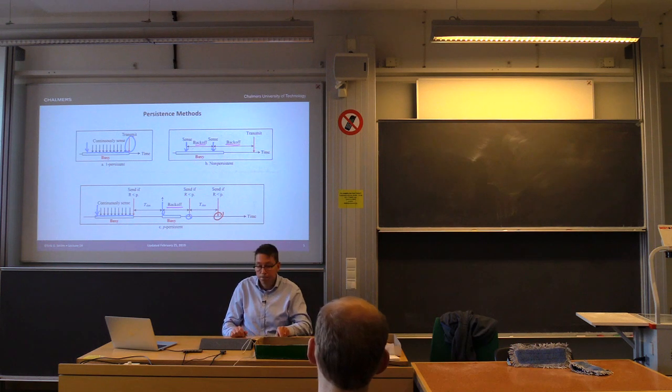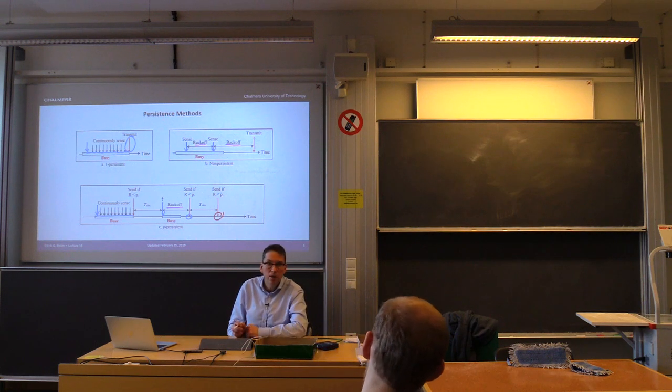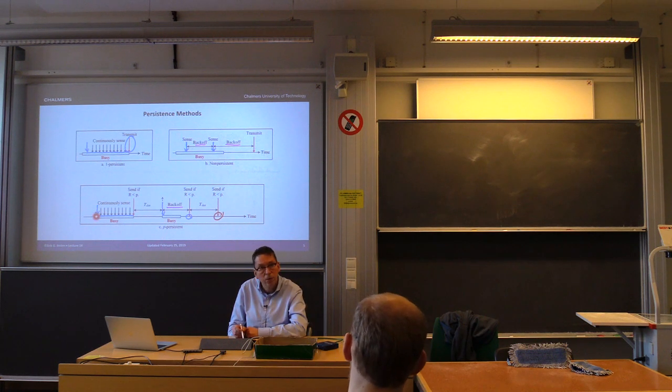Question? Why does it continuously sense at the first t-slot? So the question, why don't we continuously sense here? Well, one could, but this is not the way that typically this protocol is implemented. As a matter of fact, one should probably do it like this, that one should not continuously sense here.